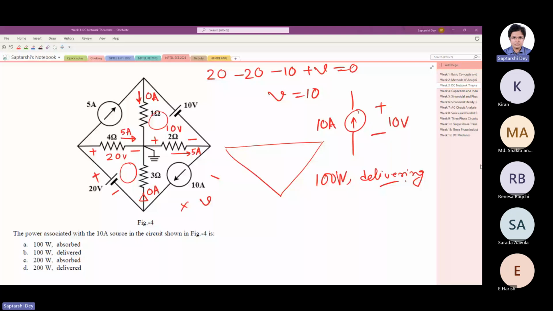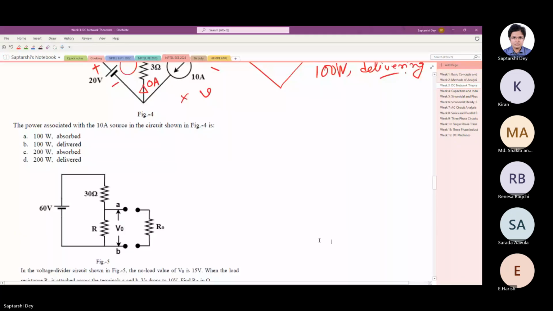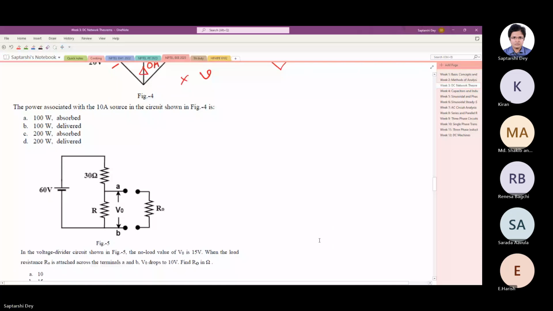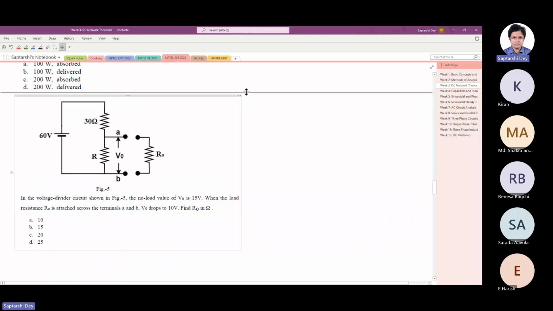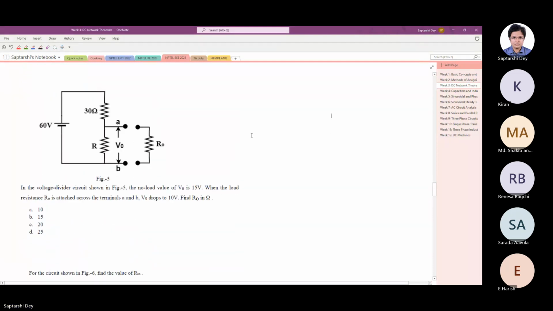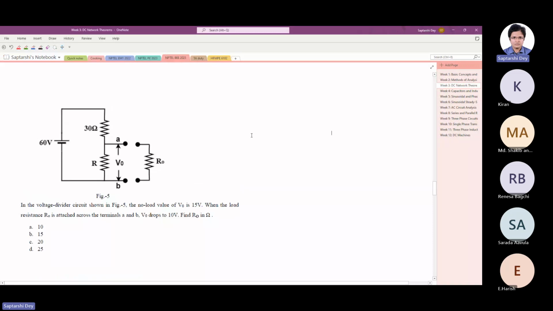Okay, we'll go to the next question then. This one is a voltage divider circuit or potential divider, whatever. The no load value of V naught is 15 volt.